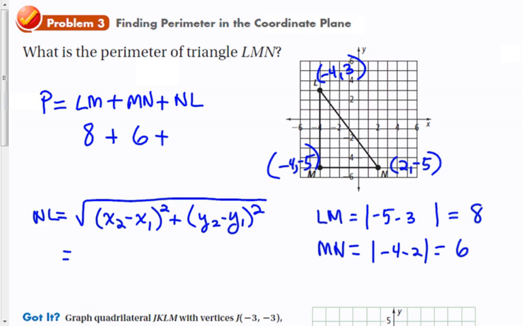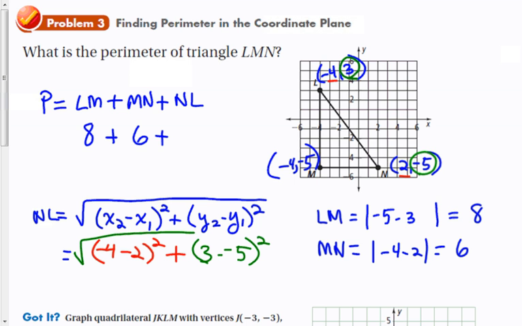So subtracting the x coordinates, I'll underline them here in red, that would be the -4 and the 2. And then subtracting the y coordinates, that would be the 3 and the -5. And then we want to do the square root of that.